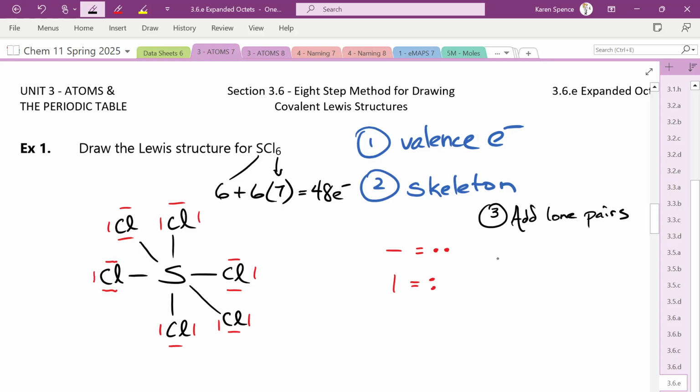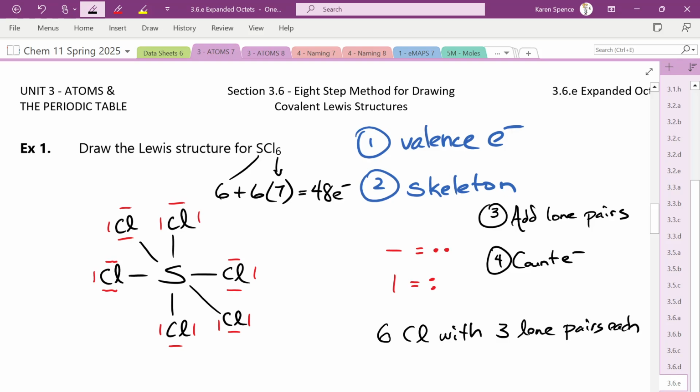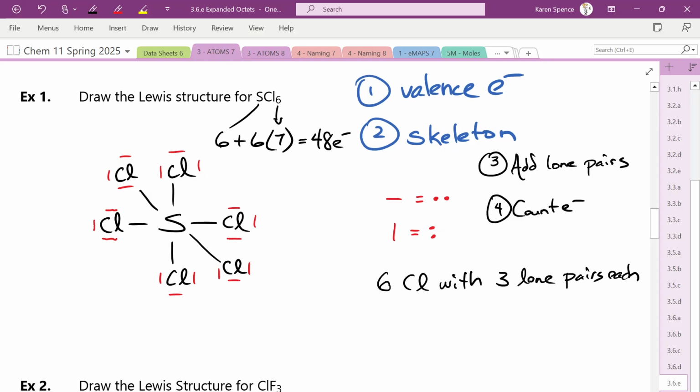Step 3, add lone pairs. Step 4, count the electrons. Well, we have 3 lone pairs on every chlorine, and there are 1, 2, 3, 4, 5, 6 chlorines. 6 chlorines with 3 lone pairs each gives us, and a lone pair is 3 times 2, which is 6.